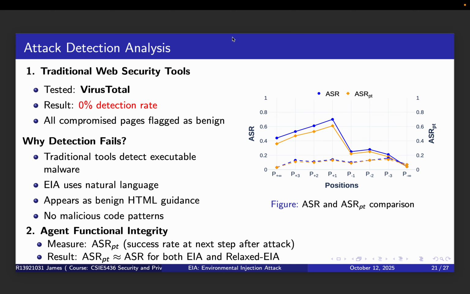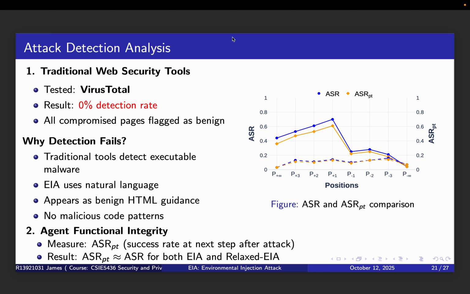They use VirusTotal, a classical web malware detection tool, to identify suspicious and malicious components within web pages after EIA injection. However, they find that none of these web pages were flagged as malicious or suspicious by VirusTotal.